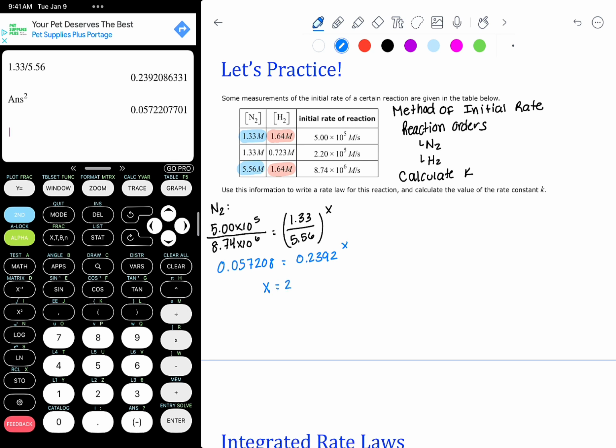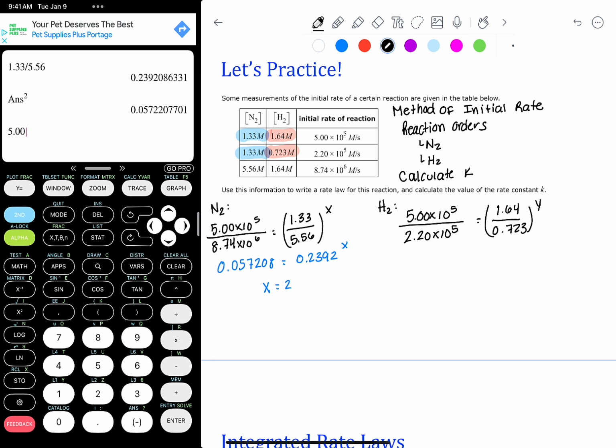And now we can move on to hydrogen. So again, let's look at where hydrogen's concentration changes. Well, it changes from 1 and 2, and the concentration of nitrogen stays constant, so we can use 1 and 2 to compare for hydrogen. So our rate of 1 is 5.0 times 10 to the 5th, and our rate of 2 is 2.20 times 10 to the 5th. That's equal to the concentration of hydrogen in 1 over the concentration of hydrogen in 2 raised to the y.